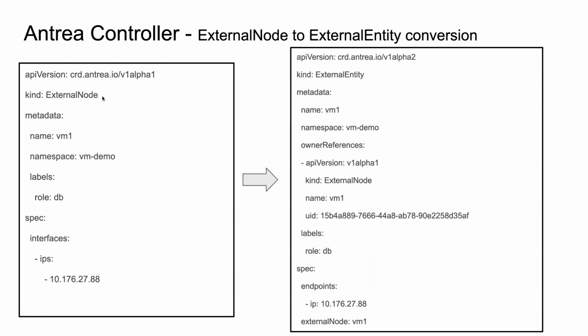No, we will just monitor the external node CRUD and create, update, or delete the corresponding external entity. Okay, so we are not searching for the actual VM or bare metal node that has that interface, right?